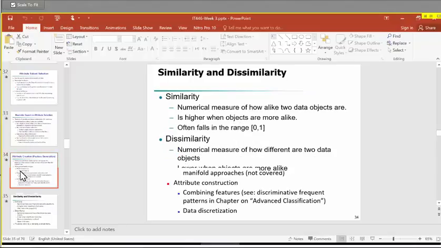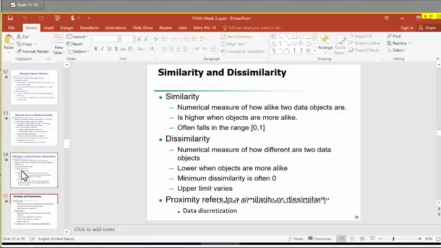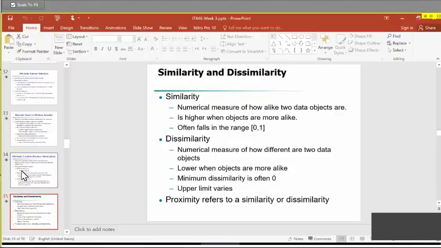Now, if we want to compare two different attributes, two different properties of objects, we can have some measurement which can measure the differences between two different objects belonging to different classes.